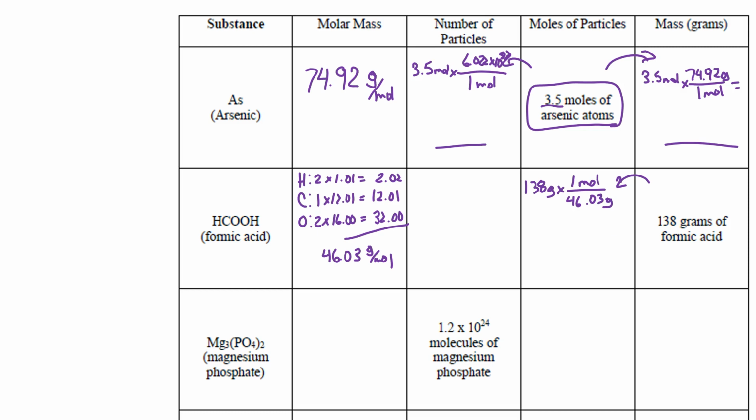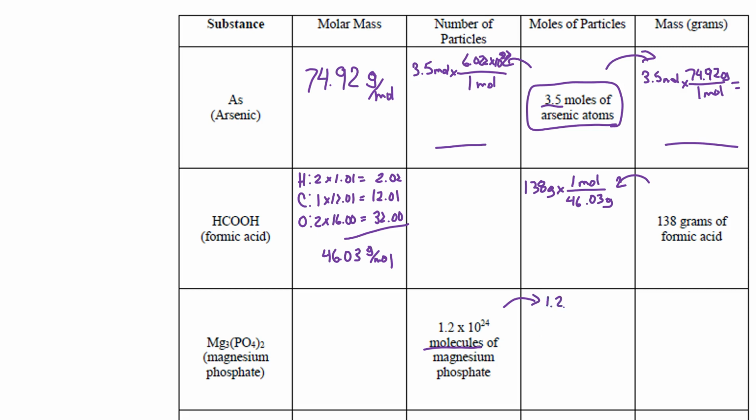Now, in this one, I have molecules, and I can find out my molar mass. I don't need anything but the formula to find out molar mass. But can I go from particles directly to mass? No. I can only go from particles to moles.